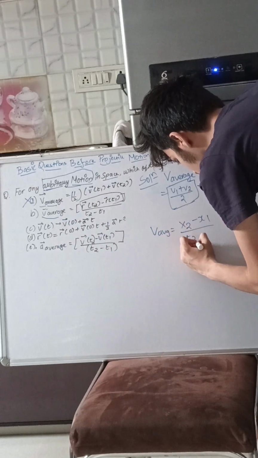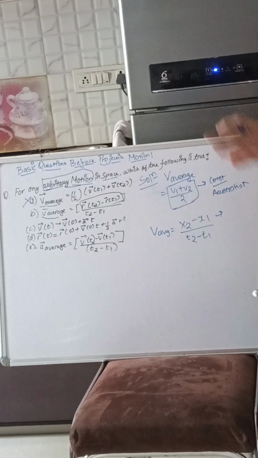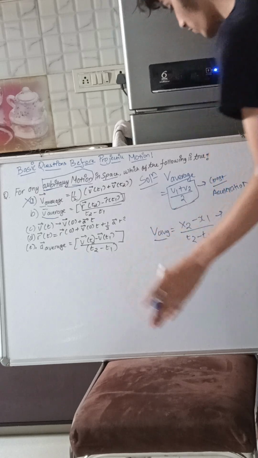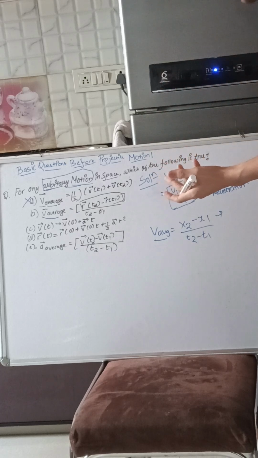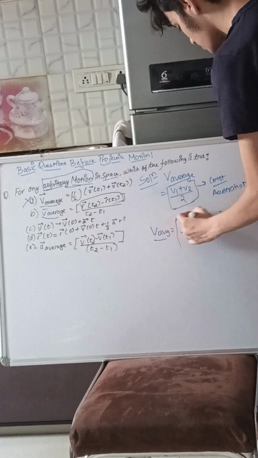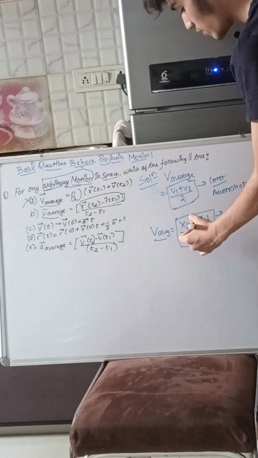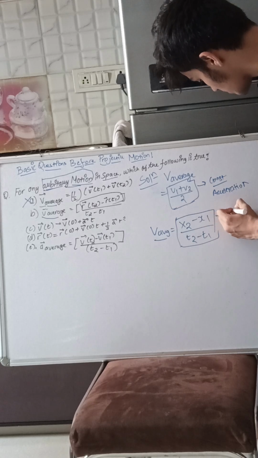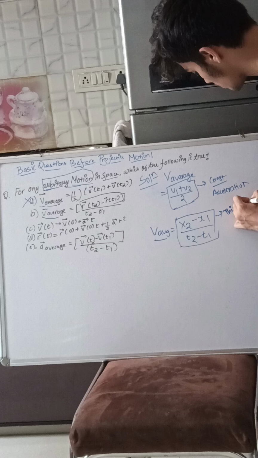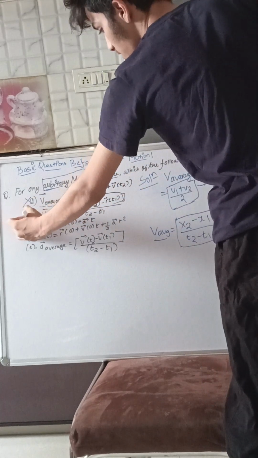So this doesn't include any acceleration, though it is average velocity. x2 minus x1 upon t2 minus t1 has no acceleration included in it. Can you see that there is no acceleration in it? So this equation is true, so this option is right.